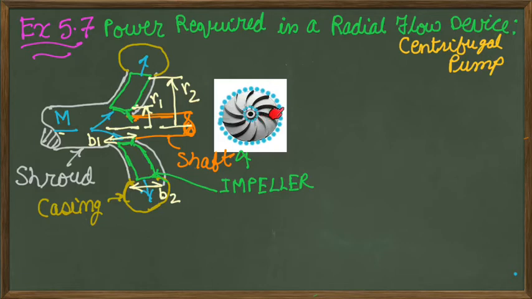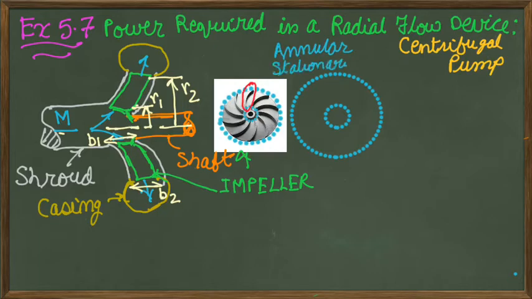The absolute velocity with which the fluid enters at the inlet is radial. Like in the previous problem, we consider a stationary control volume, an annular one.